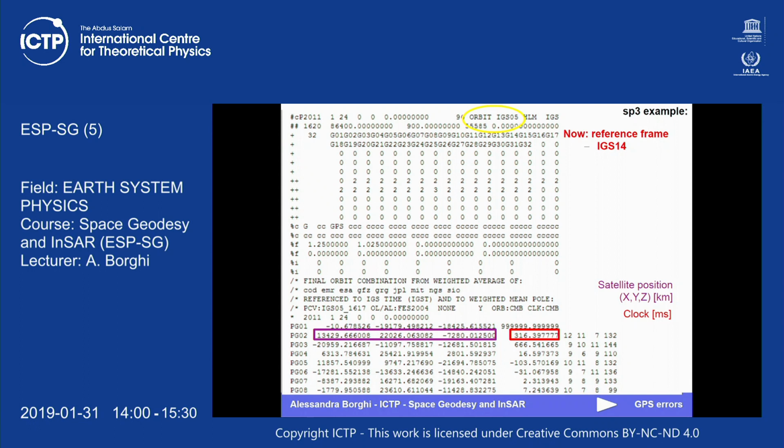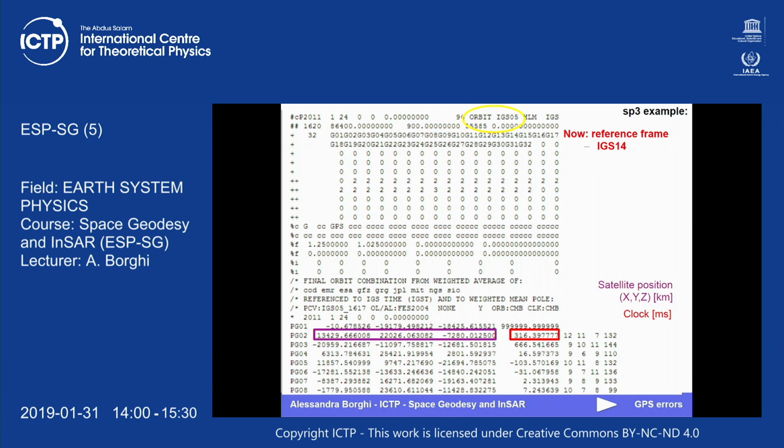And you can see, this is important, the first line, because we have information, of course, about the time, year, month and day, but especially for the reference frame, because we have seen that for the positioning we have to define a reference system and a reference frame.